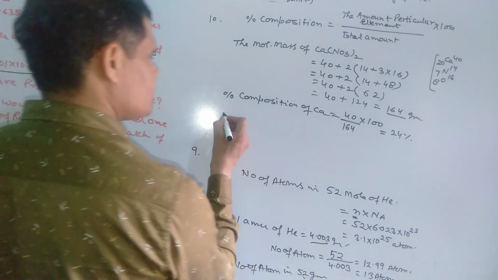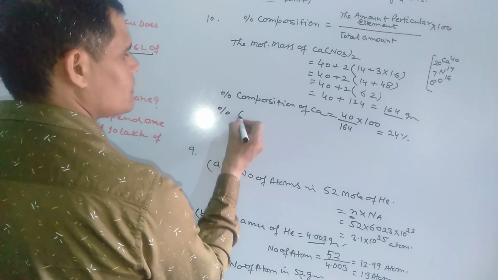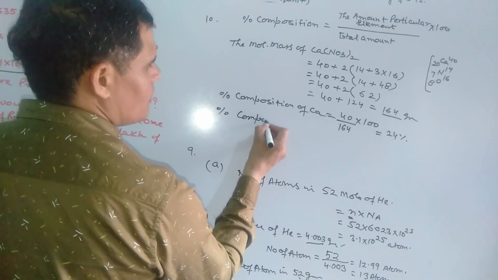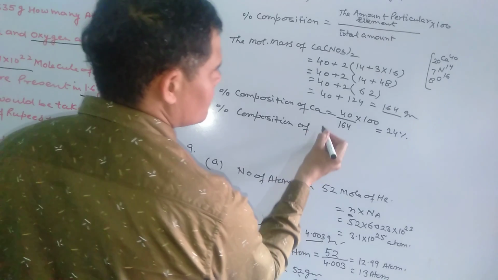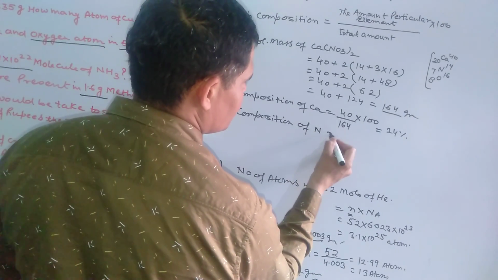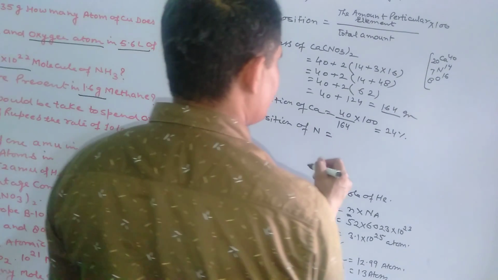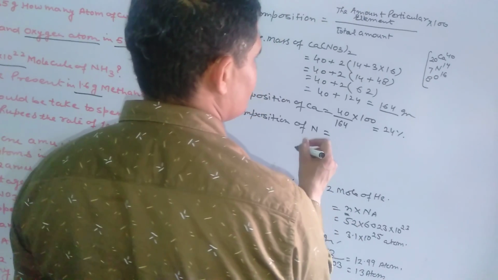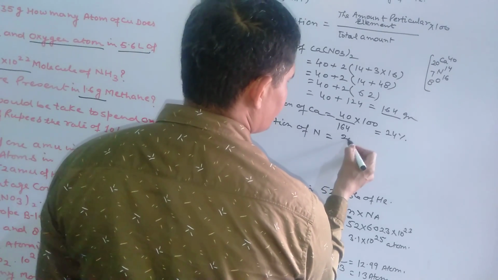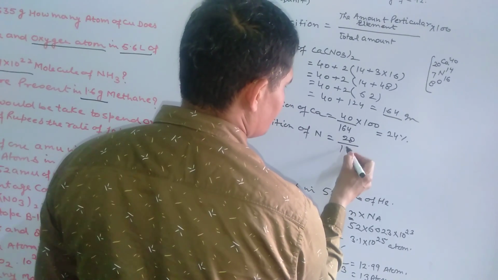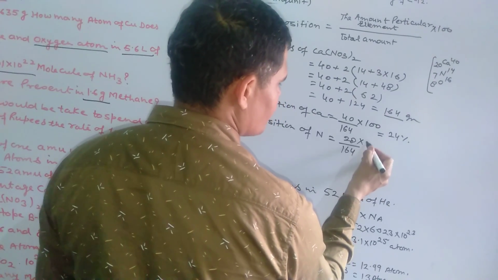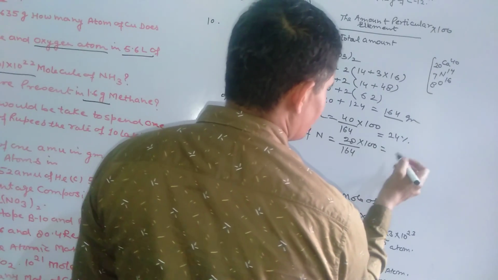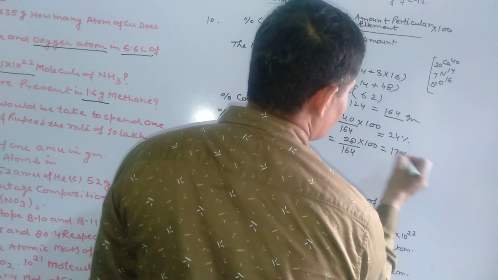Next one, percentage composition of nitrogen: nitrogen present is 28, divided by 164 into 100, and it is 17%.